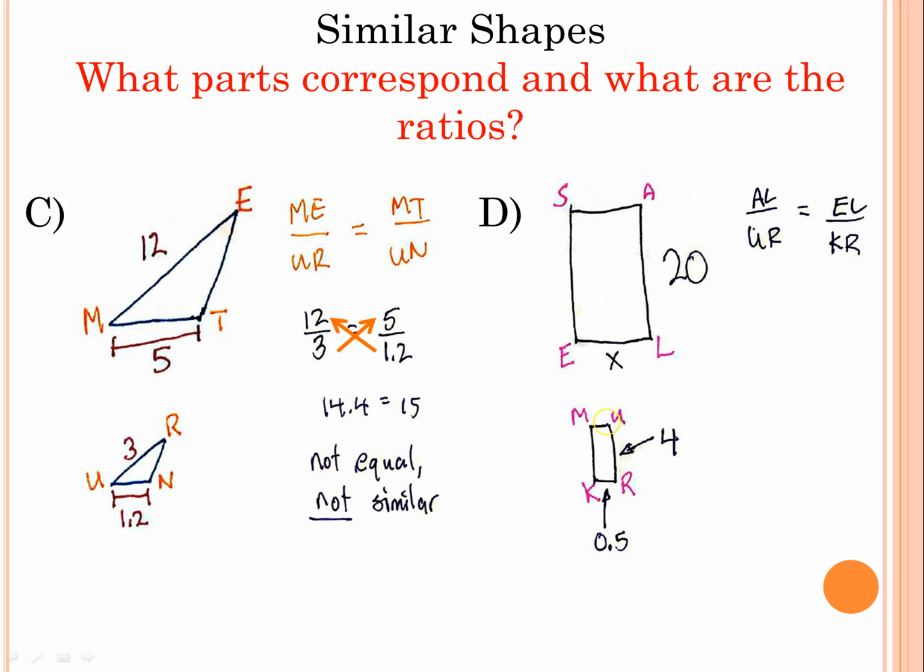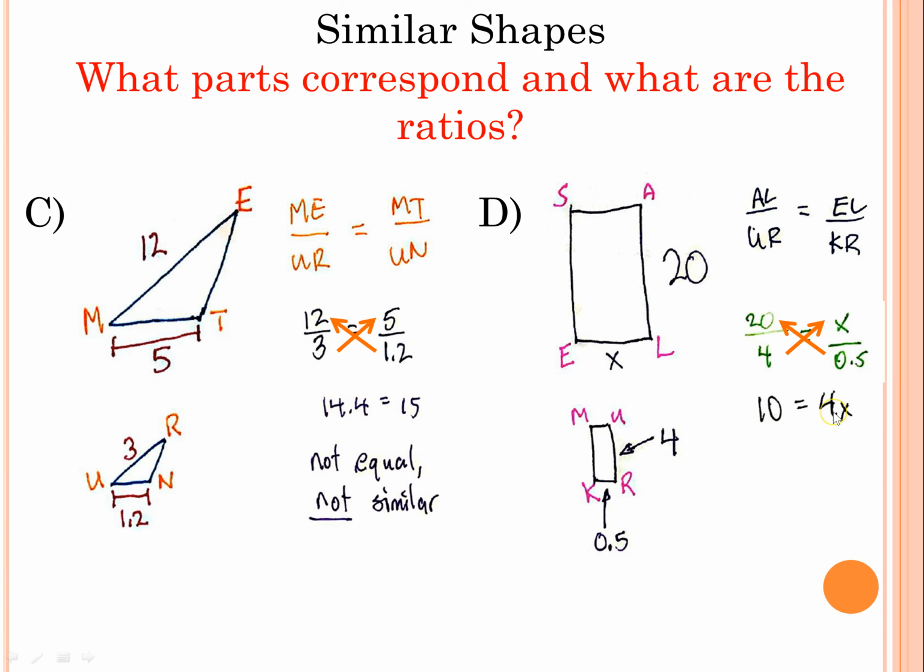I have AL corresponds to UR and EL corresponds to KR. Substitute in those values. And now we've got an unknown here as X. So to solve for that, I'm still going to use the same method. I'm going to multiply across, and that gives me 10 is equal to 4X. And now this is a one-step equation. We know how to do this. Isolate that variable.